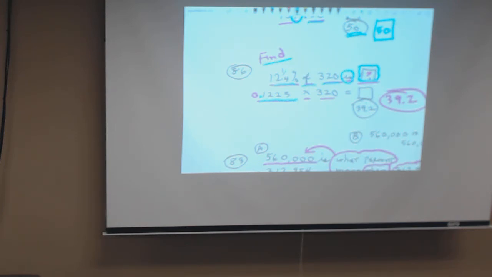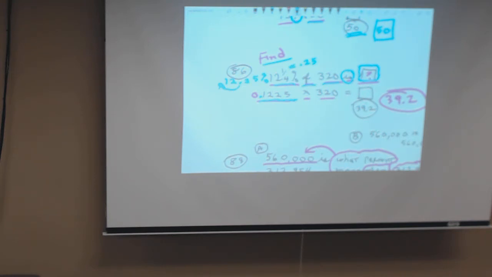Well, isn't 1/4 0.25? So that would be 12.25%. So I move it 2 places over, it's 0.1225. 1/4 equals 0.25, 1 divided by 4.